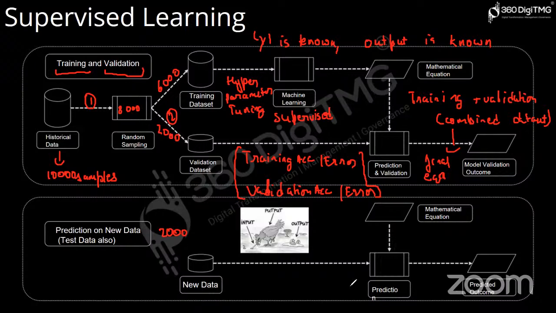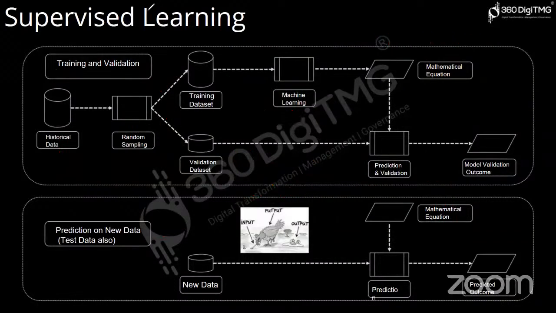Okay, so we take the final mathematical equation and we create a prediction, and this prediction is going to give us the predicted outcome. This is where our supervised machine learning algorithm ends. So this is how supervised machine learning algorithms work.